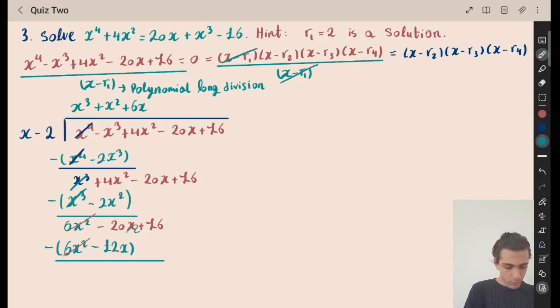So it's going to be minus 8x plus 16. And if you multiply this by minus 8, you will get minus 8x plus 16.